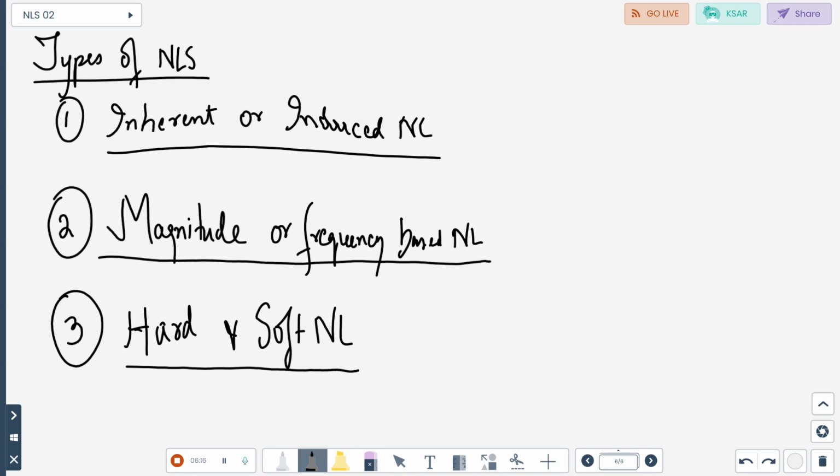As far as hard nonlinearities go, these are those types of nonlinear responses that cannot be linearized. Whereas soft nonlinearities are those types of nonlinear responses that can be linearized.